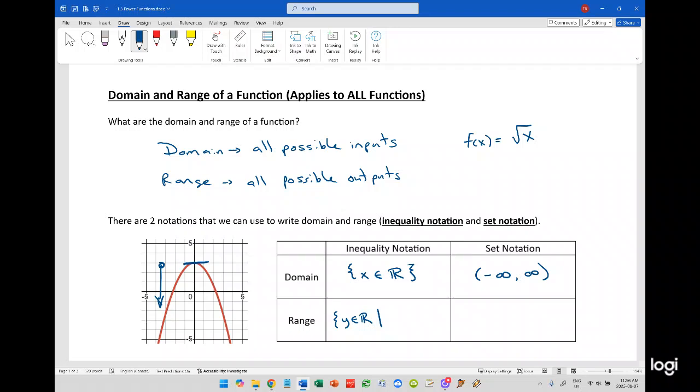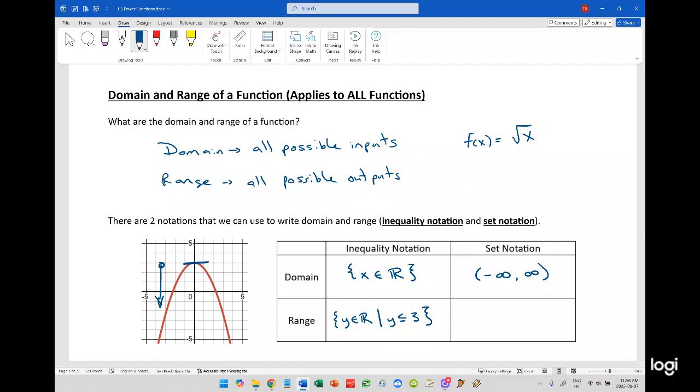So I say y is less than or equal to 3, and then I close the brackets. In the first one, there were no restrictions, so we didn't put them. For the range, there is a restriction: y has to be less than or equal to 3. So we state y is any real number such that y is less than or equal to 3.